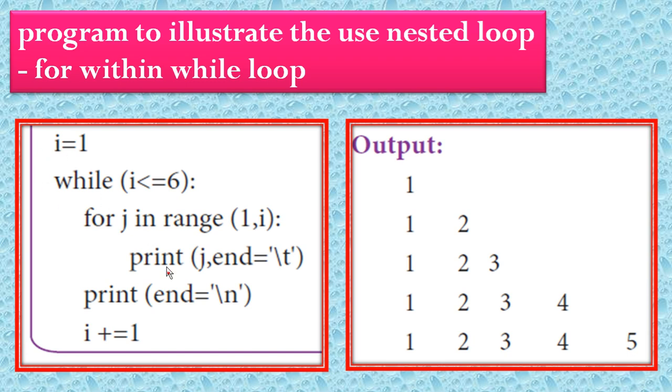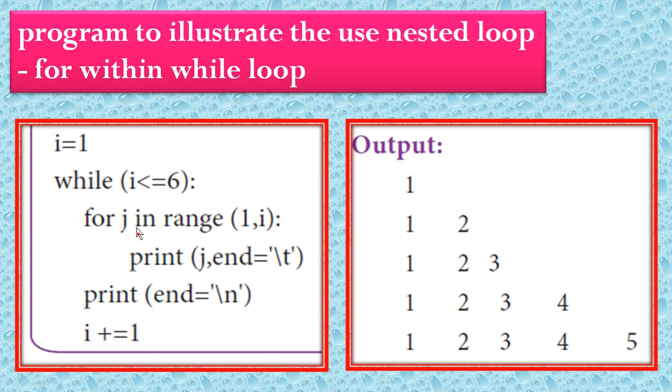In the next cycle, I value reaches 2. I plus equal to 1 means I equal to I plus 1. So, I equal to 1 plus 1, that is equal to 2. So, here in this while structure, I is again checked. I value is 2, less than or equal to 6. This condition is true.